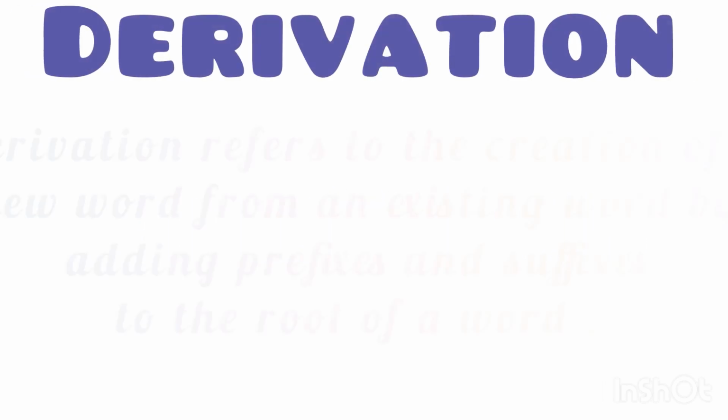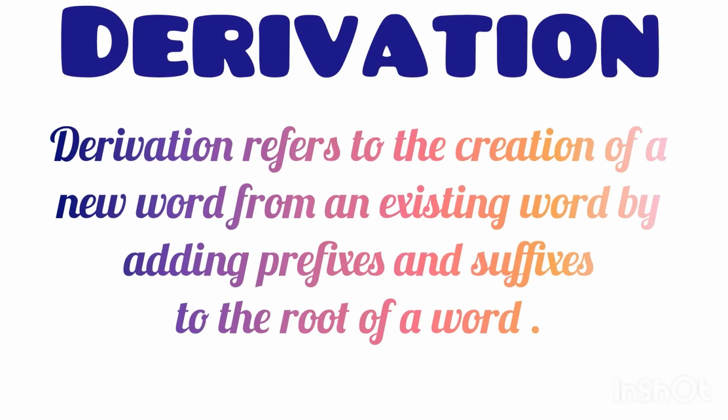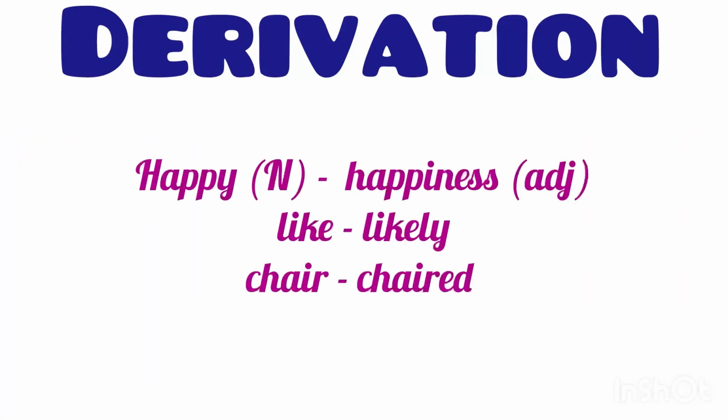Let's see. Derivation refers to the creation of a new word from an existing word by adding a prefix or suffix to the root of a word. For example, happy. Happy here is an adjective and we add a suffix to it, happiness. Now this word becomes a noun. Next is like, likely.